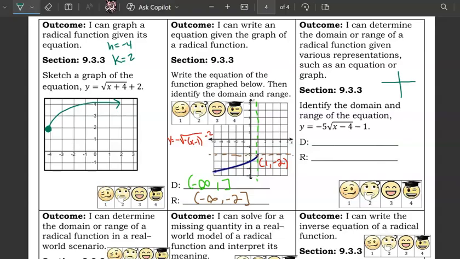It looks like it'd be reflected across the x-axis, and we have 4 comma -1. And it'd be opening this way. All right, so for the domain, it looks like it is everything greater than or equal to 4. So 4 to infinity. And then for the range, everything that is less than or equal to -1.